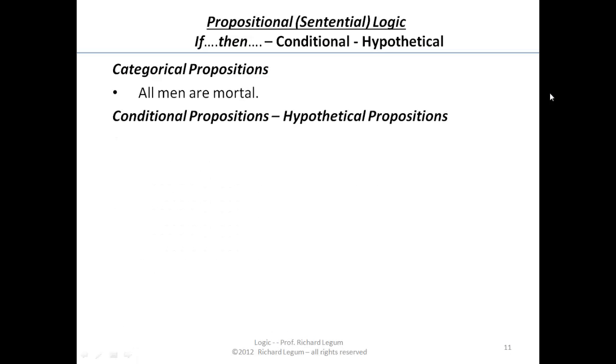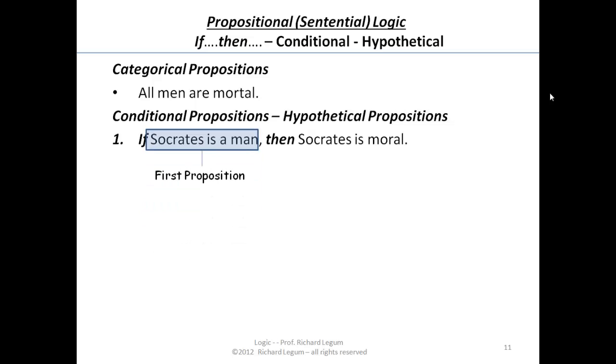But let's understand a little bit about the terminology regarding if-then statements. An if-then is a conditional proposition, a hypothetical proposition, and let's go back to that first example. If Socrates is a man, then Socrates is mortal. Notice we have the first proposition, which is also known as the antecedent.